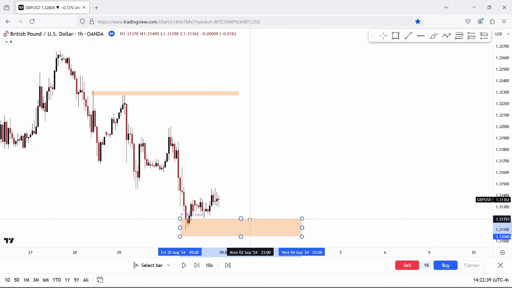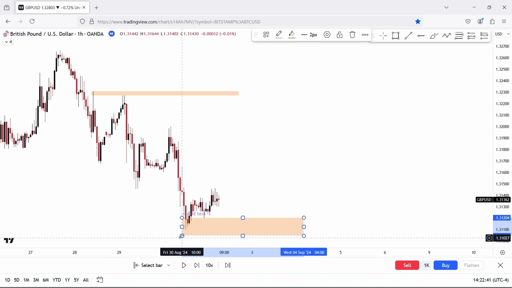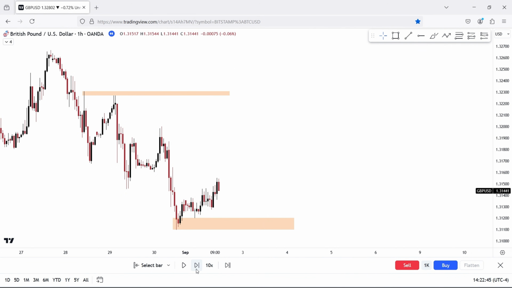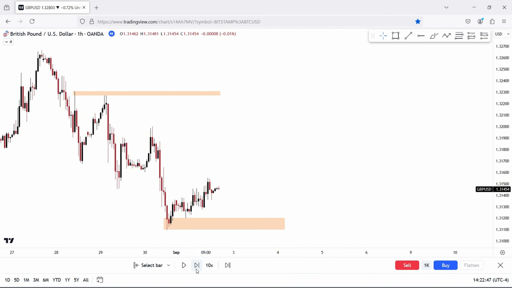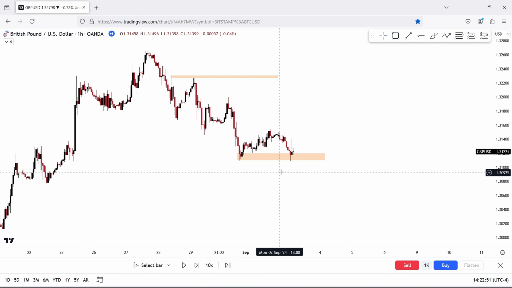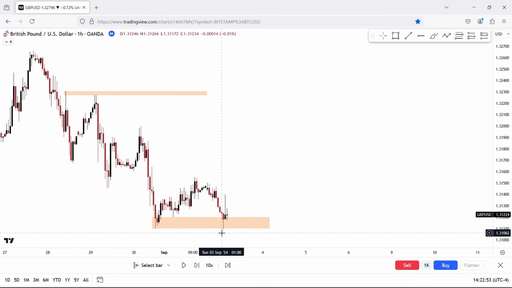Now we mark this area, this swing low, and this swing low. Now this is our zone. And price grabbed the entire zone, covered 100% of our zone. Let's carry on.